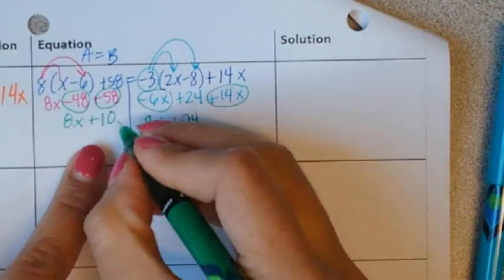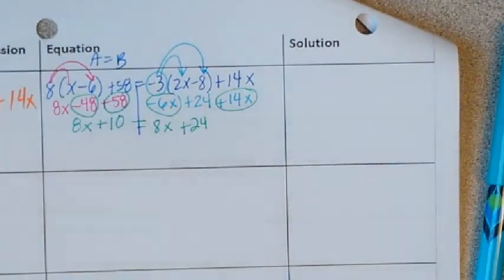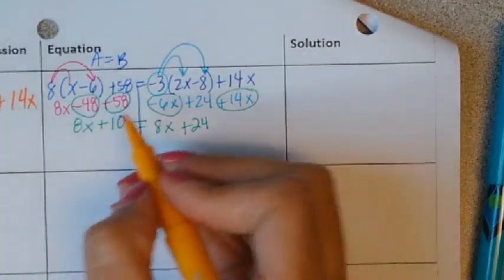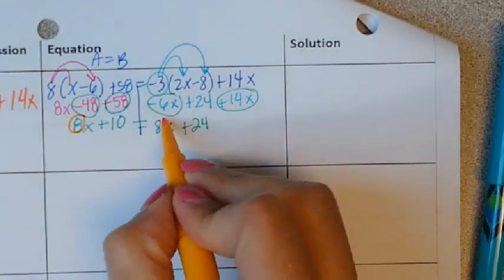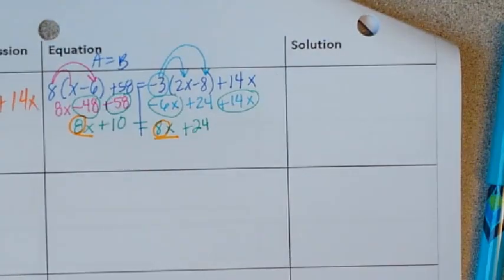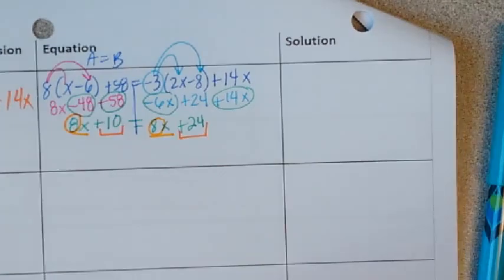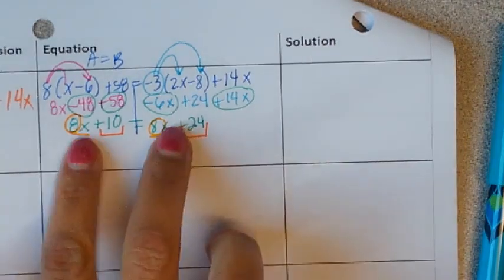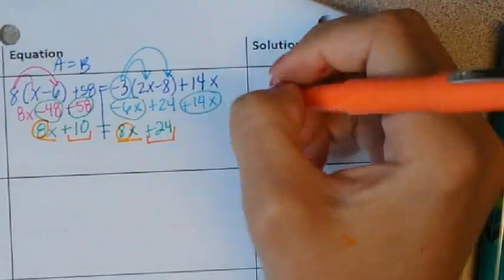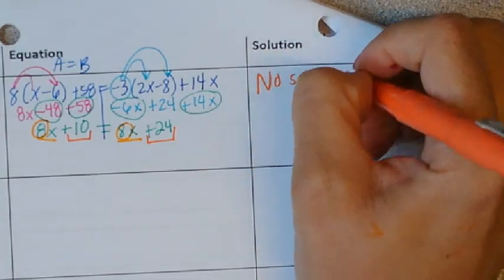When I arrive here, now I have variable constant and variable constant. Over here, I notice, oh, wait a minute. The coefficients of the variables are the same, but the constants are different. I know I'm going to end up with a no solution situation, a false statement.